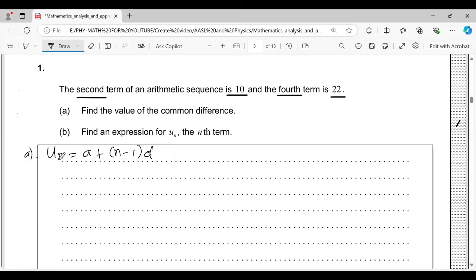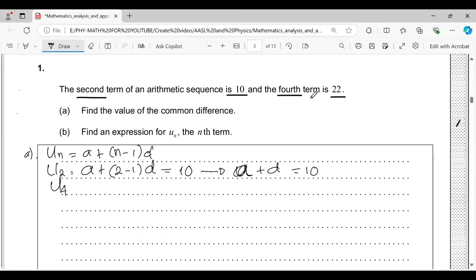A is the first term and d is the difference. So if second term, it means u2 equals a plus 2 minus 1 times d equals 10, and it becomes a plus d equals 10, because 2 minus 1 is 1.